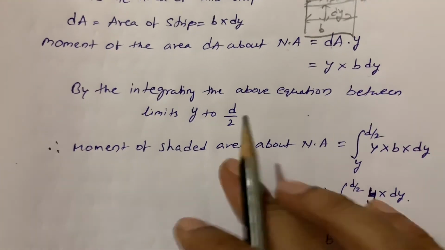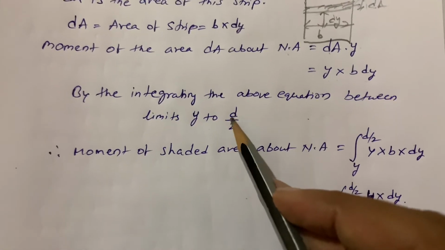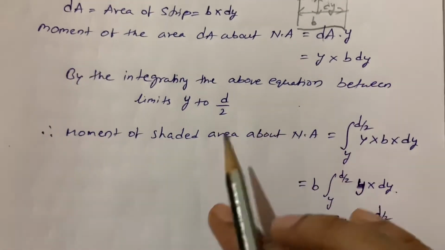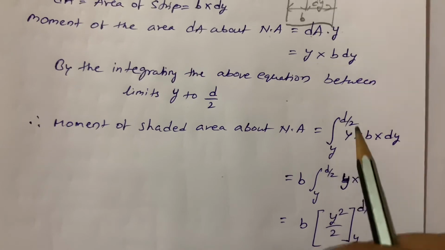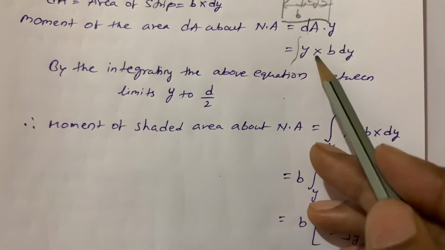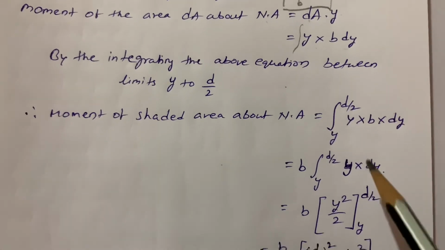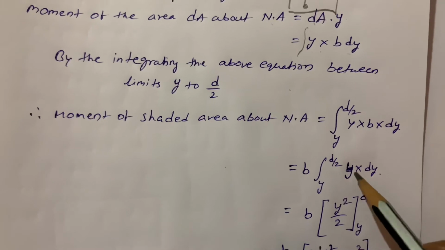By integrating this equation with limits y to d by 2, we get the moment of the shaded area about the neutral axis. Taking b outside, the integral is y dy from y to d by 2.